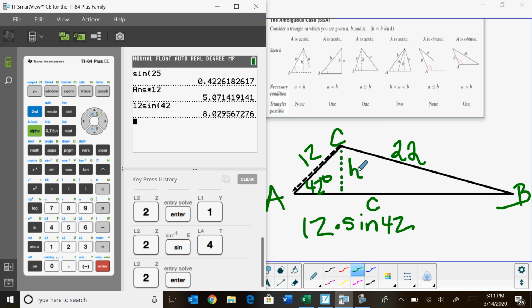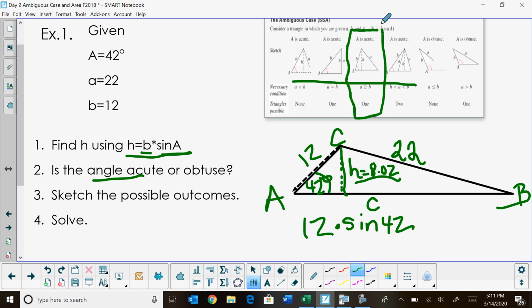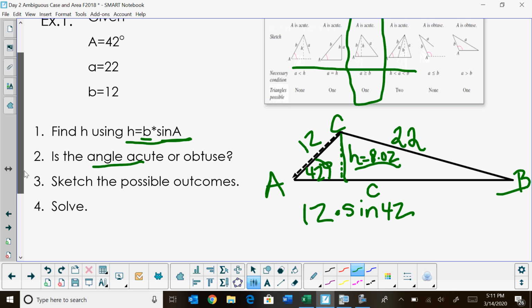And that's 8.02. Okay, that's really insignificant at this point, but I do want you to see that the height is only 8 and A is longer than the height, so we can create one triangle. Okay, the angle is acute, so we've looked at our acute cases. We've decided that it's got one possible scenario. We've sketched it. Now we just need to solve.